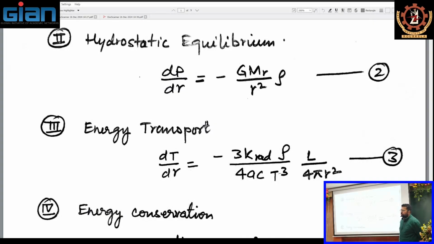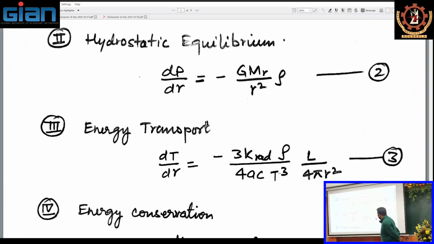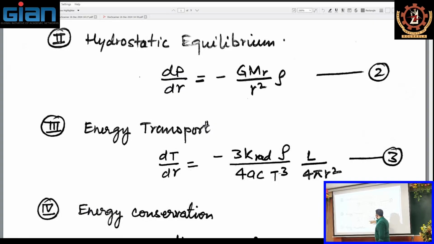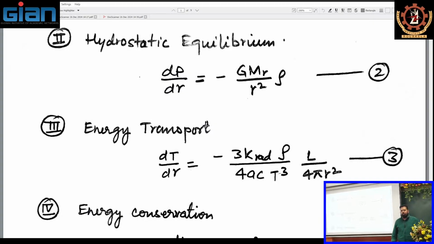So under the diffusion approximation, we write the temperature gradient in this form: minus 3 kappa rho divided by 4 a c T cubed, times L divided by 4 pi r square. Here kappa represents the opacity, a is the radiation constant, c is the speed of light, rho is the density, T is the temperature, L is the luminosity, and r is the considered radius.